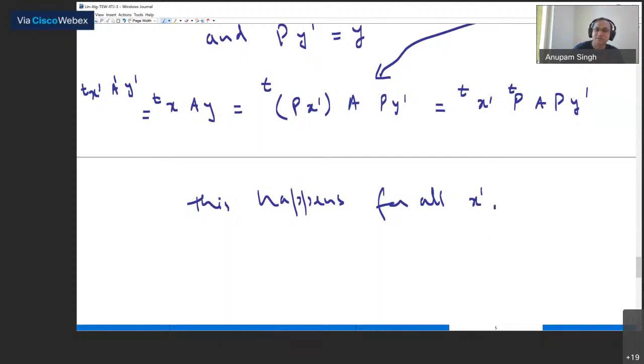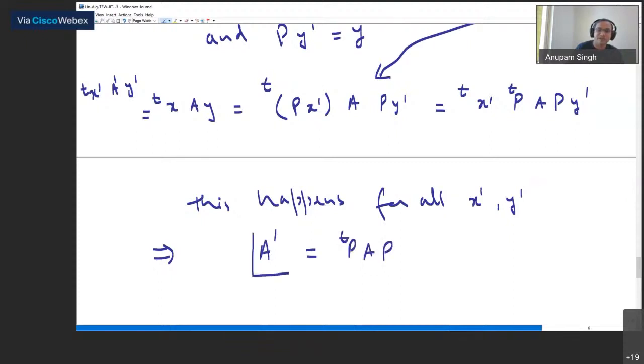This happens for all x prime, y prime. If such an equation holds for all x prime, y prime, then you can conclude, and I will leave this as an exercise, that A prime is P transpose A P. And this is what we wanted to get.